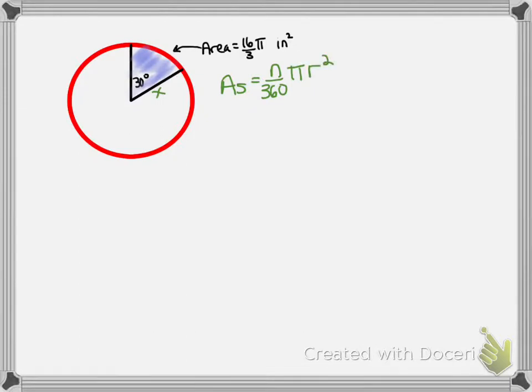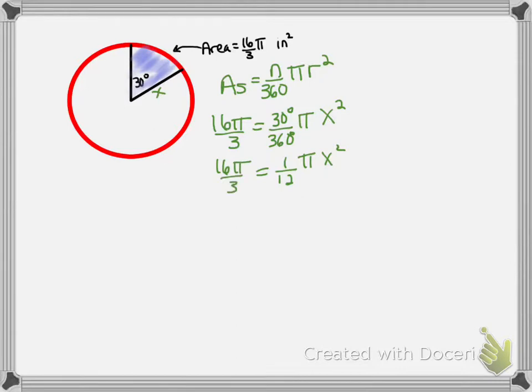Since that's the area given to you, you put that on the left, equal to the angle over 360 pi, and then the radius, which we don't know, so I'm calling that x. You can simplify first if you want. I do believe it helps, and 30 over 360 reduces to 1 over 12 pi x squared, and then this is 16 pi over 3.